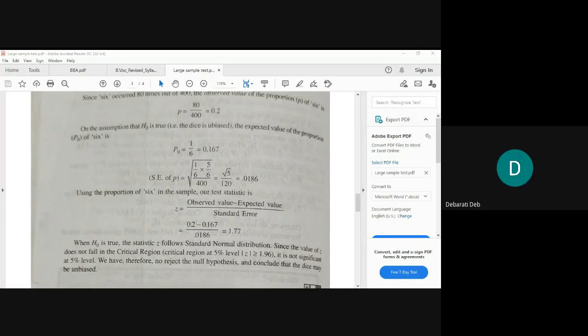Have you got this answer? Have you done this calculation? No, ma'am, I'm doing it. Okay, do it. Have you understood how to do this? Yes, ma'am. Once all of you finish, then I'll move ahead. Ayush, have you understood? Yes, ma'am.